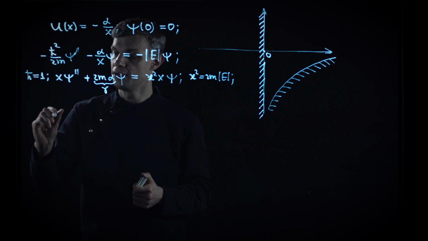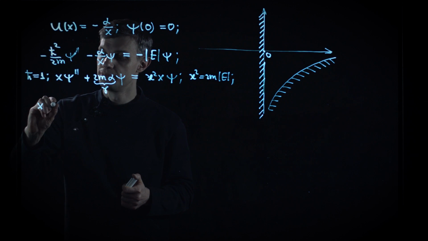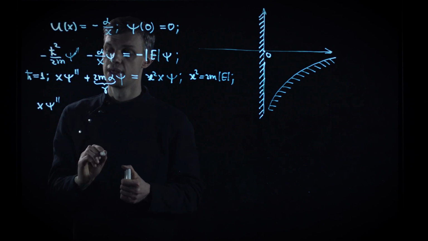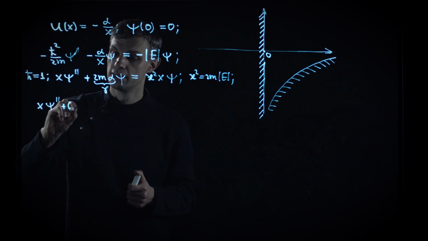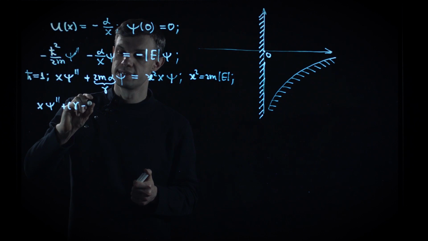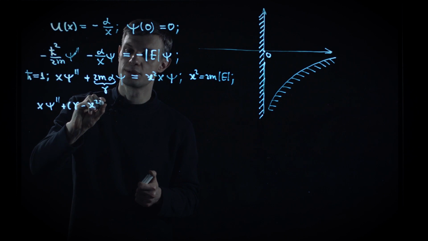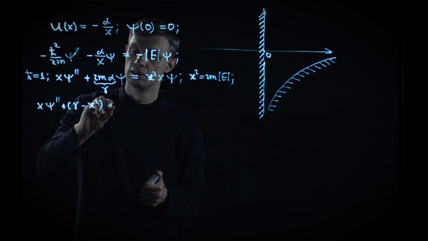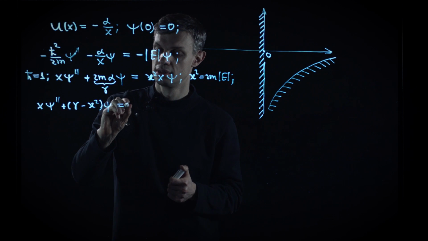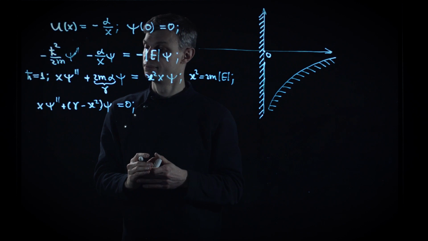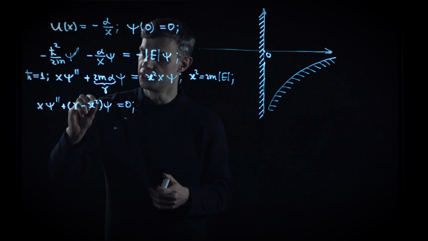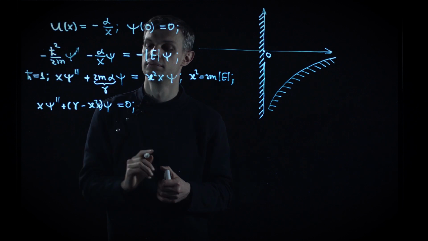So finally, we arrive at our formal differential equation: x psi prime prime plus gamma psi minus kappa squared x psi equals 0.